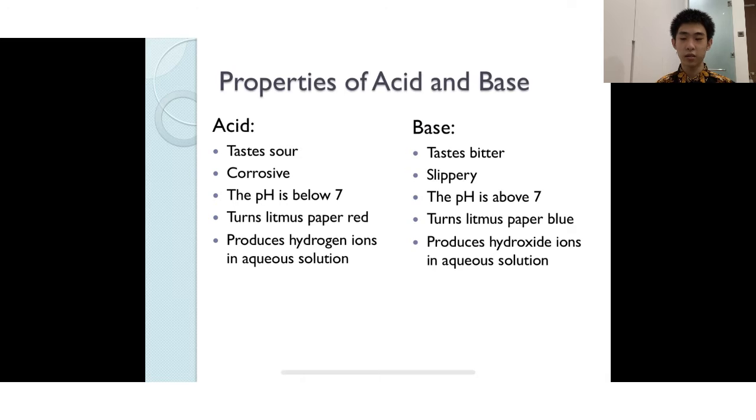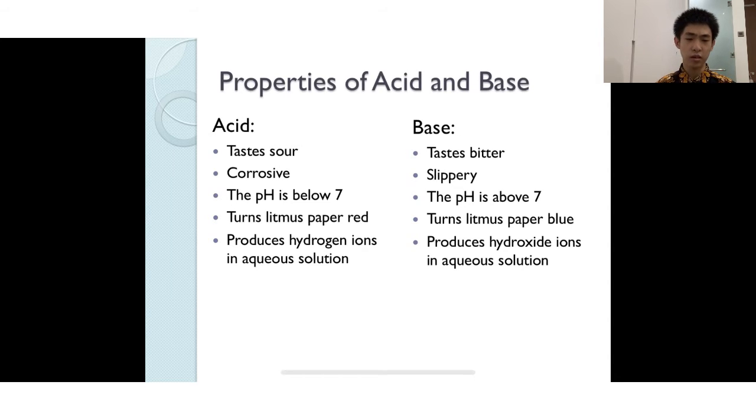Next, properties of acid and base. Acid tastes sour. It is corrosive. The pH is below 7. It turns litmus paper red, and it produces hydrogen ions in aqueous solution.